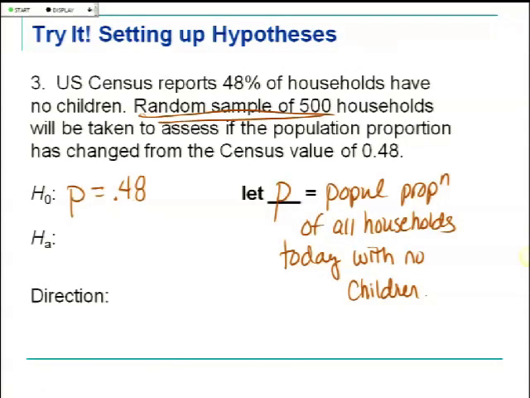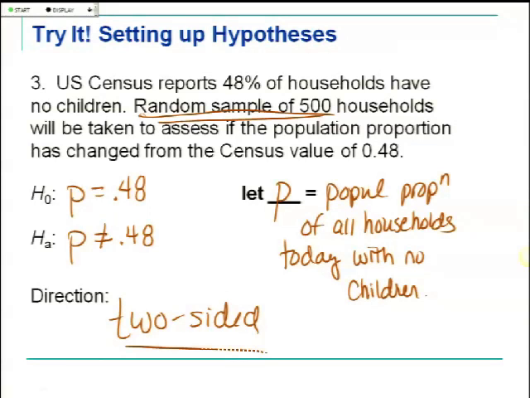Is it different? Is it bigger or smaller? So the alternative here can be written as, is it different from 0.48? This is not a one-sided direction, but rather a two-sided. I want to know if there's a change. I don't have a preconceived notion that it's gone up or that it's gone down. I just want to know if it's different.